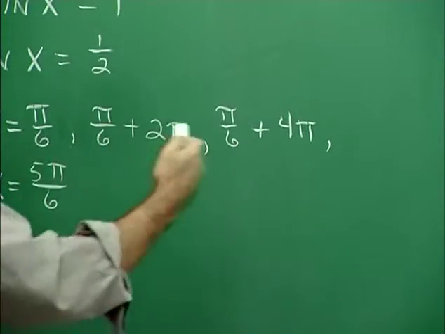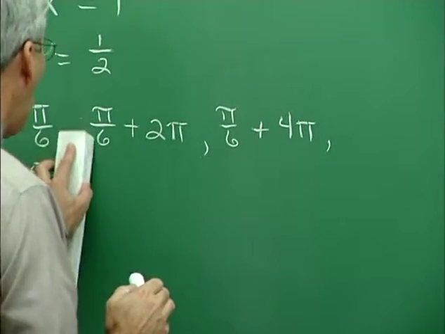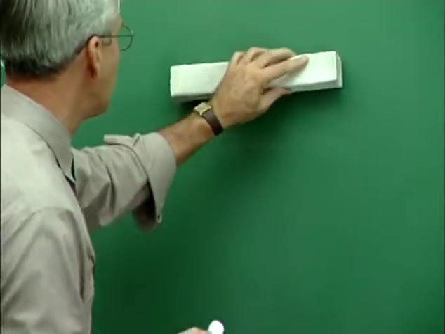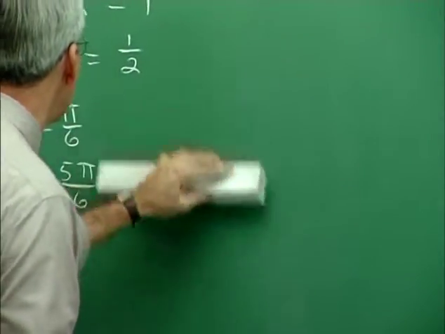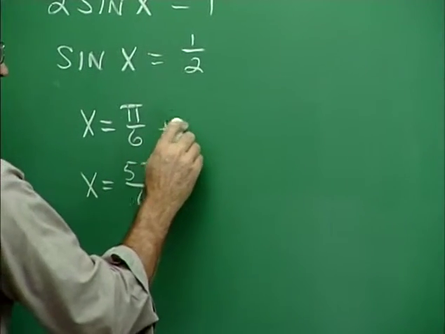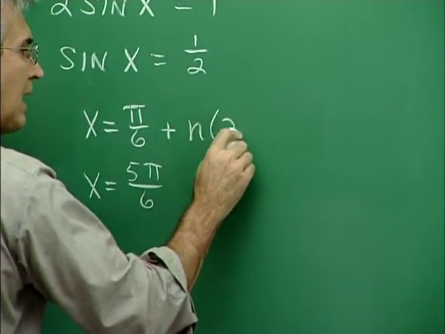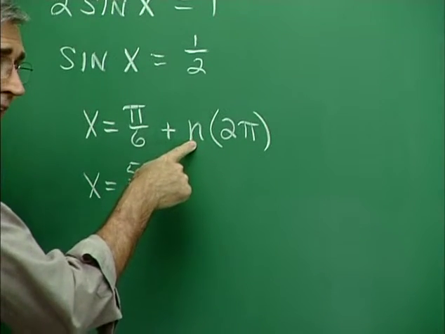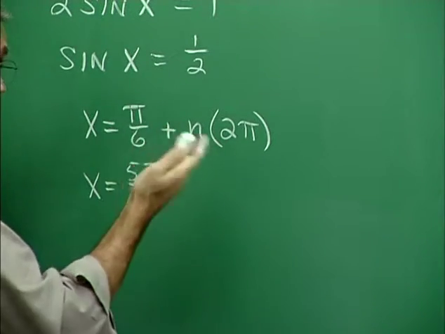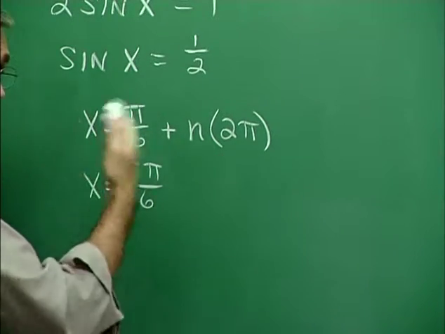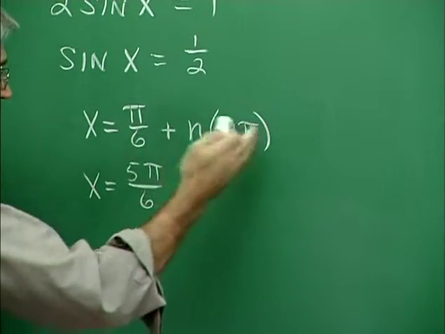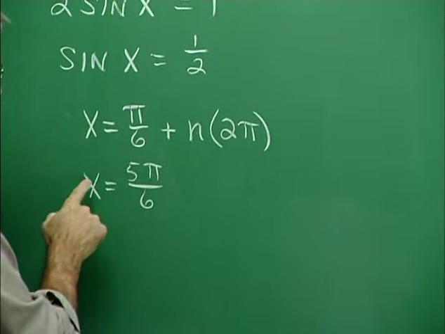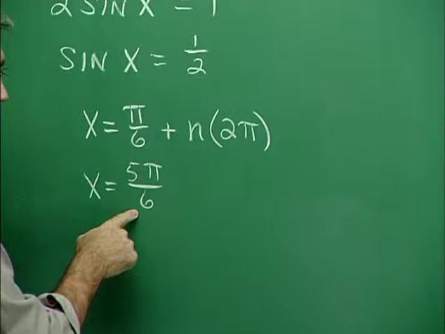So we want to write some statement that gives all of these values in one little statement. And to do that, and I think we've seen the notation before, it's pi over 6 plus n times 2 pi, n being an integer. Now, that integer can be positive or negative, so we could generate values in either direction. And this gives the infinite answers associated with pi over 6. And with 5 pi over 6, same idea.